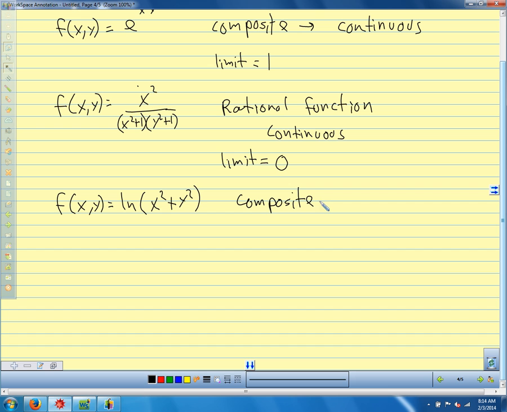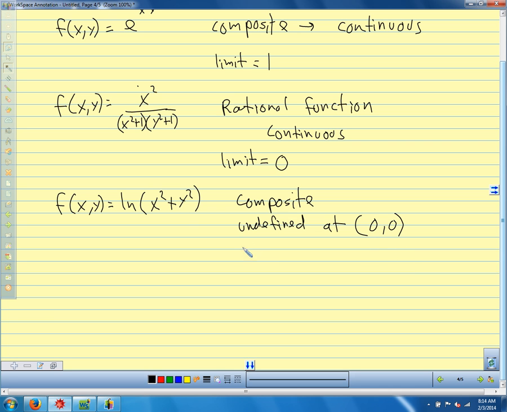Where is this composite function not going to be defined? At 0, 0. Natural log of 0 is undefined. So we're going to have a discontinuity at 0, 0 because the natural log does not exist at 0, 0.